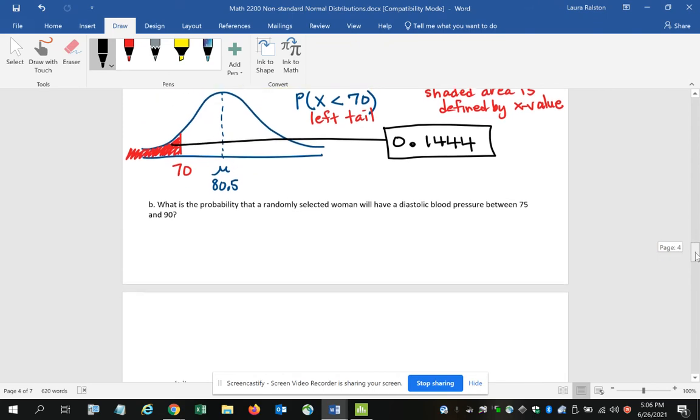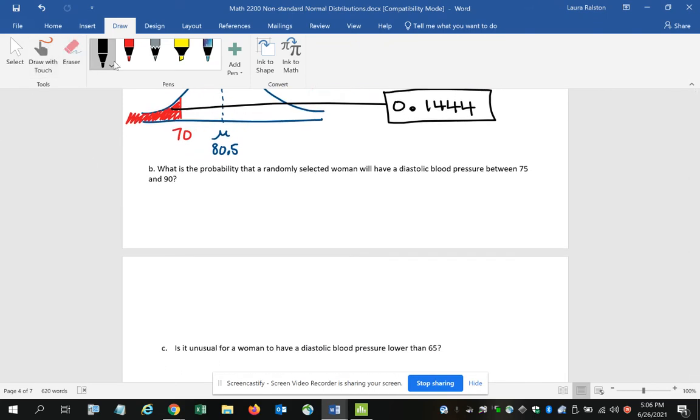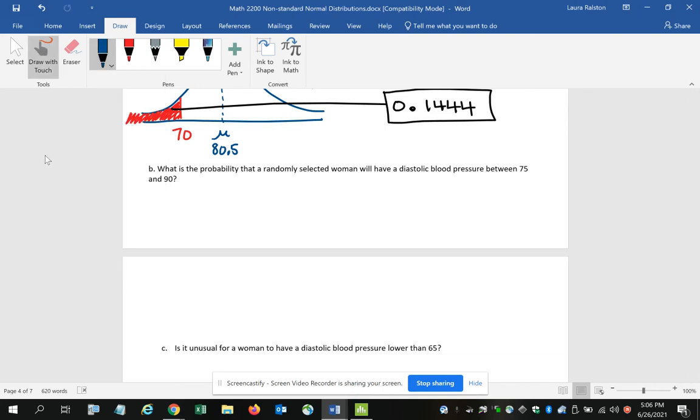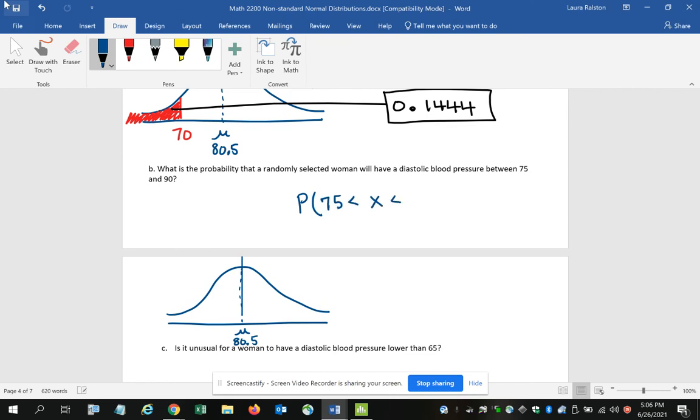Now, find the probability that a randomly selected woman will have a diastolic blood pressure between 75 and 90. Again, if you think about the graph, a horizontal number line with a bell-shaped distribution, the mean is in the middle, which is 80.5. We want to know the probability that we're between 75 and 90.